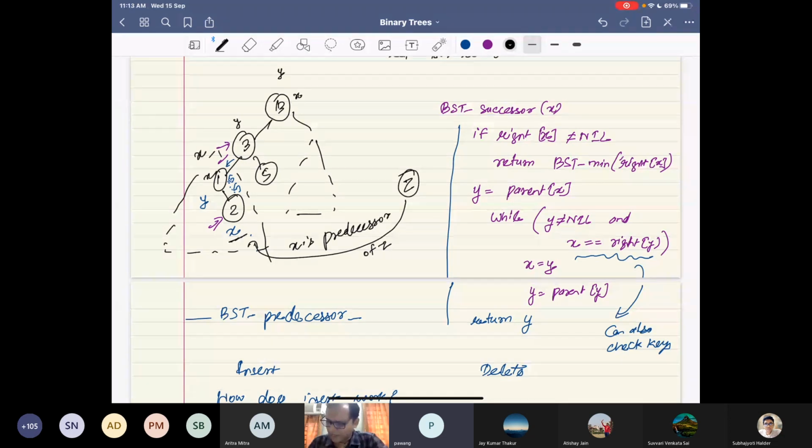As soon as x becomes the left child of its parent for the first time, what does that mean? The value becomes smaller, sir. Yes. And have I found the actual successor? Isn't y the successor?